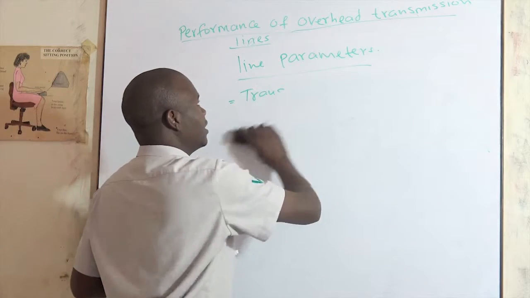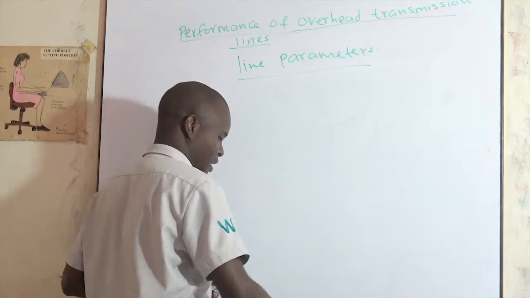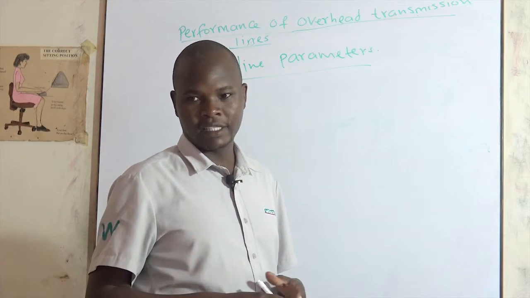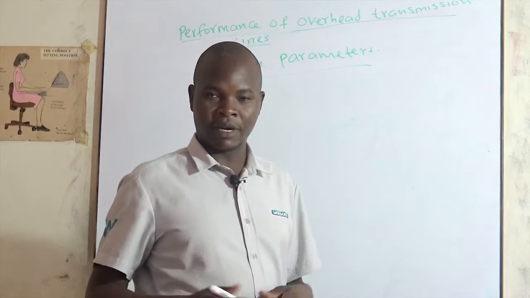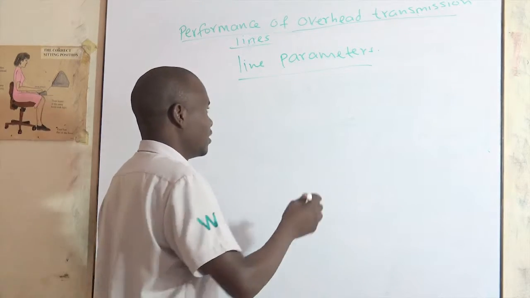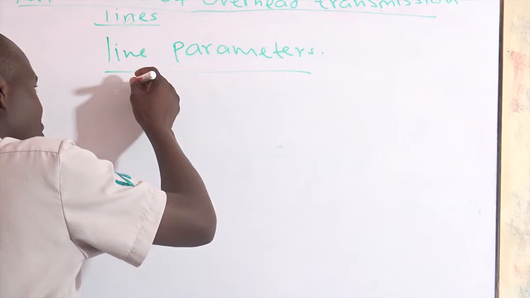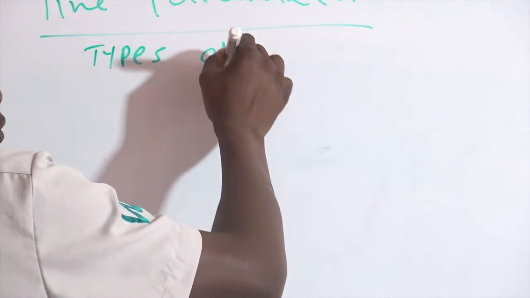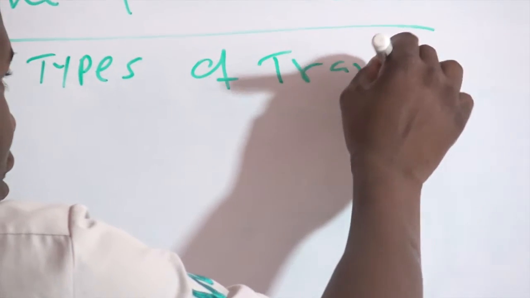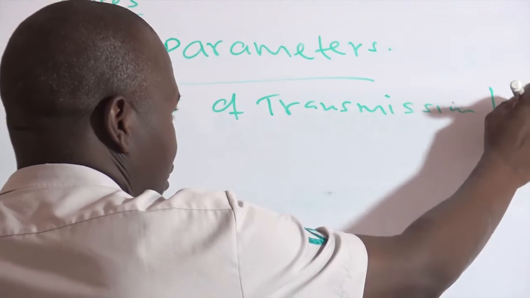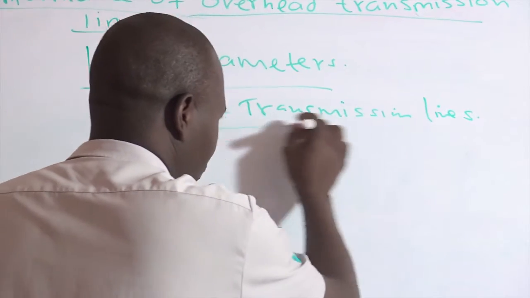Next, let us derive an expression for the voltage at the sending end using the parameters of the transmission lines. We have types of transmission lines.